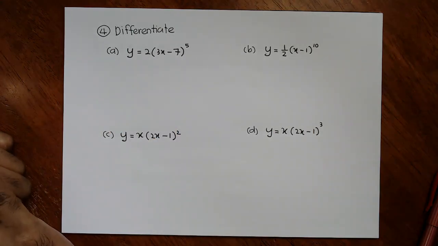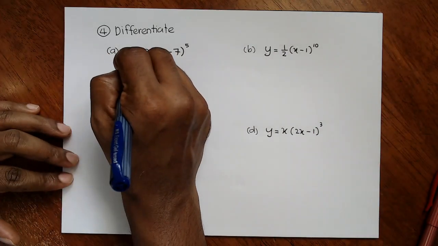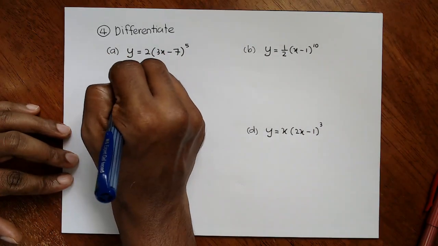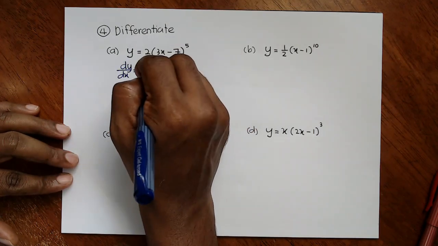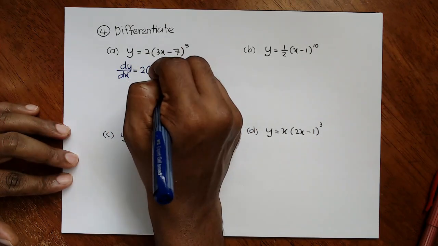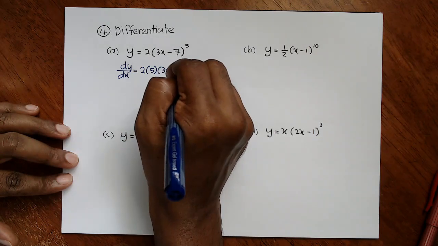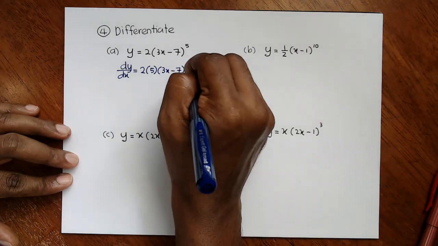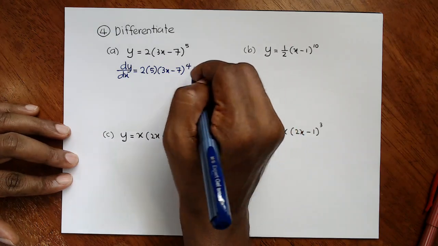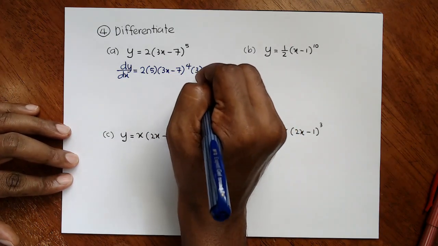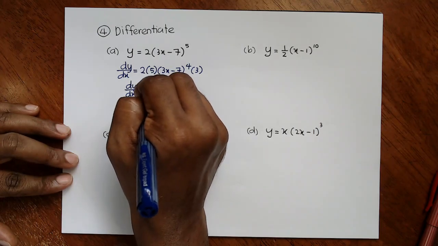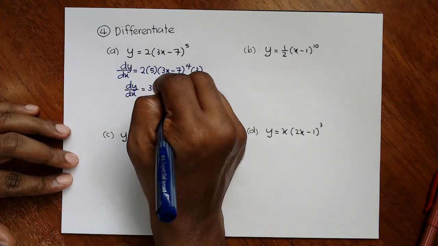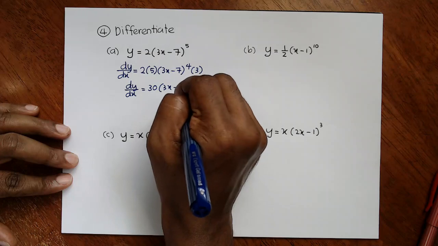So what we get is dy/dx equals 2, bring the 5 in front, this will become (3x minus 7) to the power of 4. Differentiate the inside, you get 3. Multiply everything, dy/dx, you get 30 times (3x minus 7) to the power of 4. Beautiful.